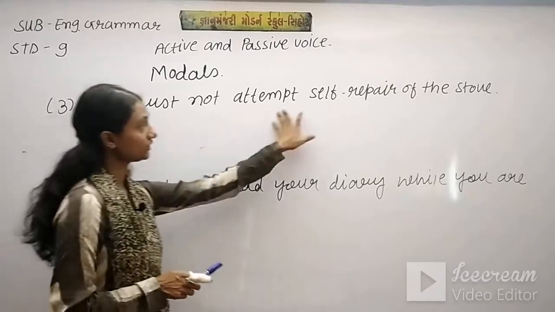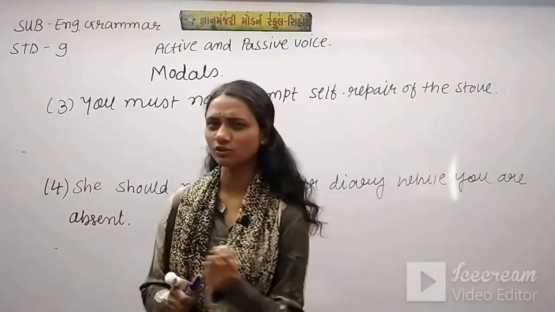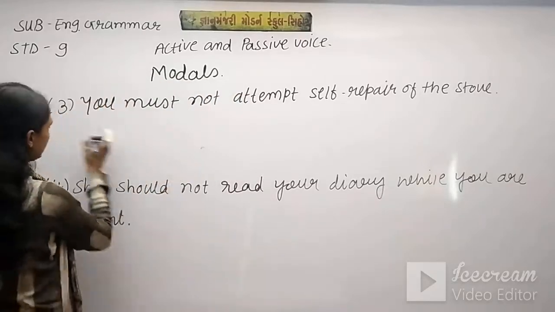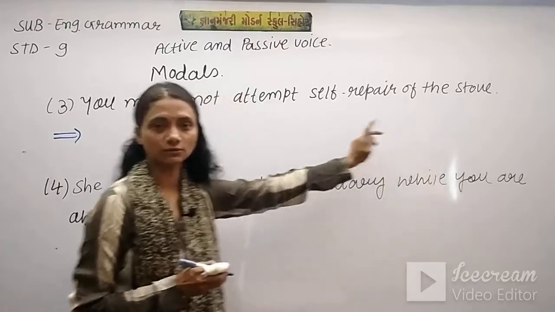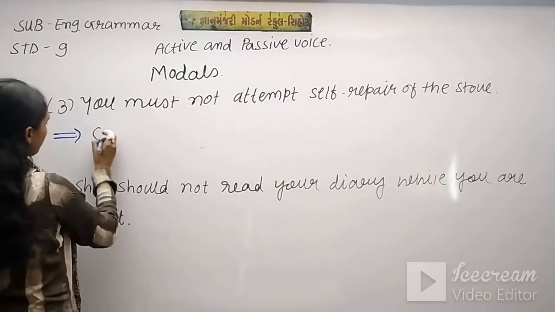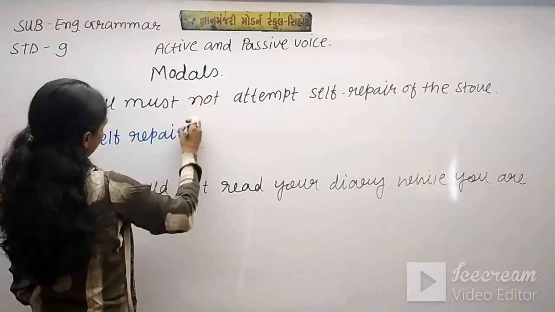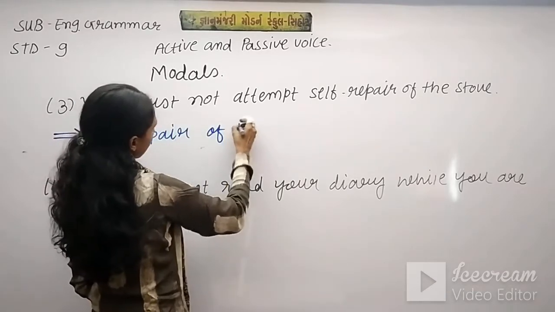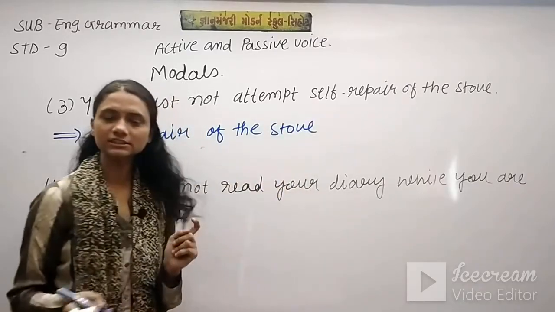See, you must not attempt self-repair of the stove. Here we have negative sentence. No need to worry what to do in negative sentences. So, self-repair of the stove, that will come first. Must not be.